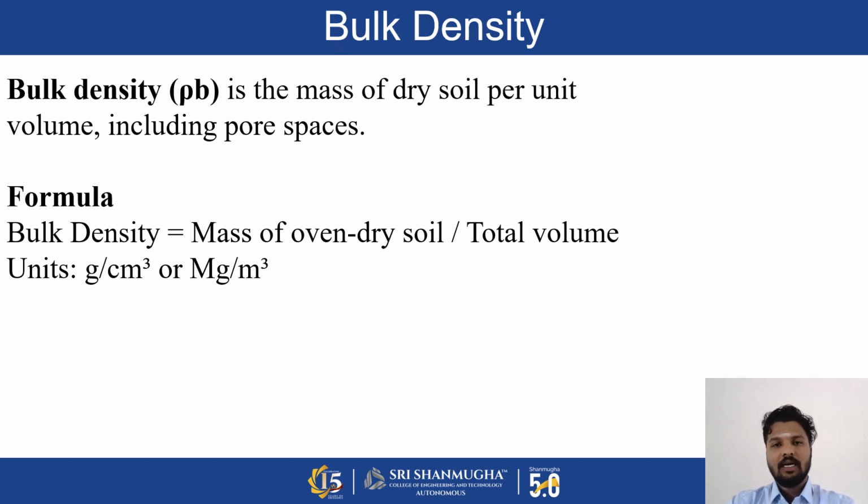That means air and water voids are involved in the calculation of bulk density. It is a measure of how tightly packed the soil is. The formula for calculating bulk density is mass of oven dry soil divided by total volume. The common units for bulk density are gram per centimeter cube, or we can use the unit megagram per meter cube.